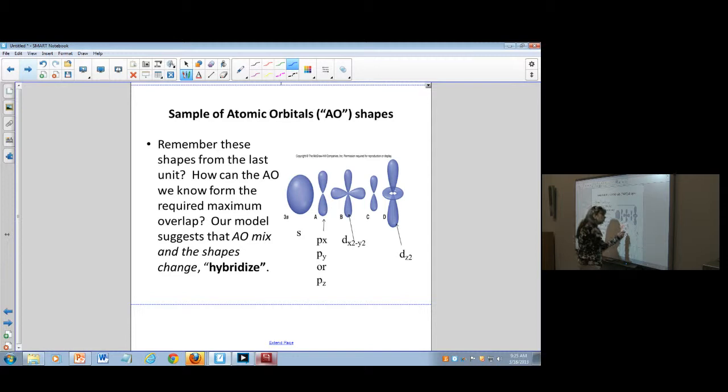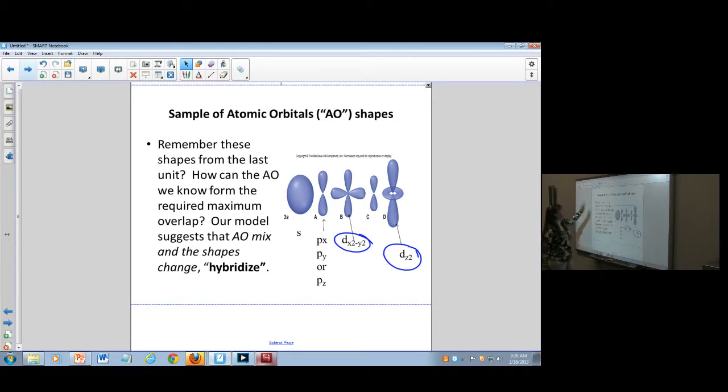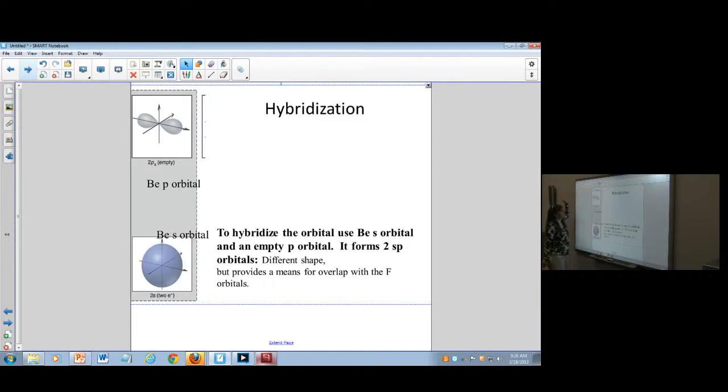We have several d orbitals. This just happens to be one kind. All right, and this is another d orbital, just so you can remember it. We're going to be hybridizing all of these things to form molecules. All right, and so again, we're going to hybridize or change these orbital shapes a little bit in order to make this work for us.